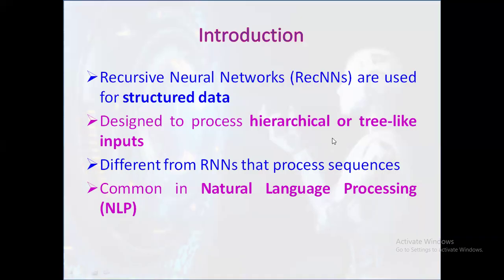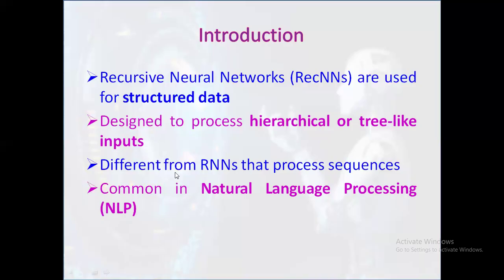They are designed to process hierarchical or tree-like inputs. These networks work best when information can be arranged like a tree, where smaller parts combine to form bigger parts. This hierarchy allows the model to capture relationships between elements at different levels.